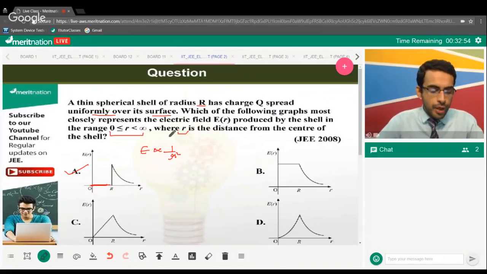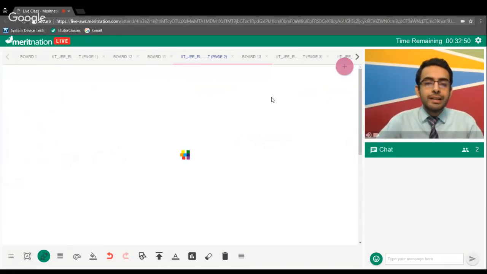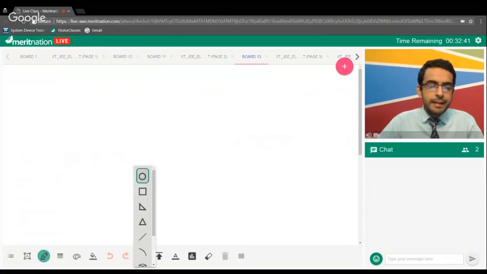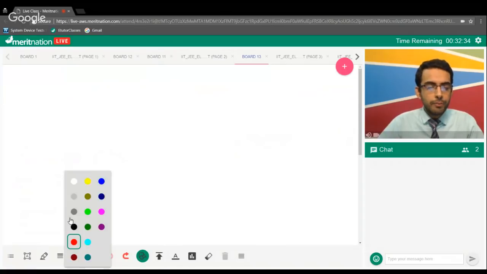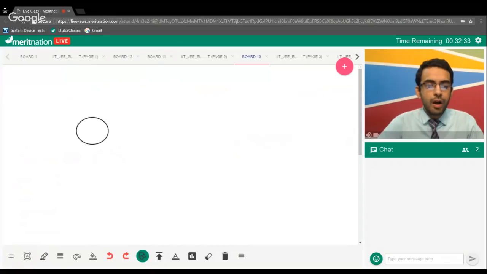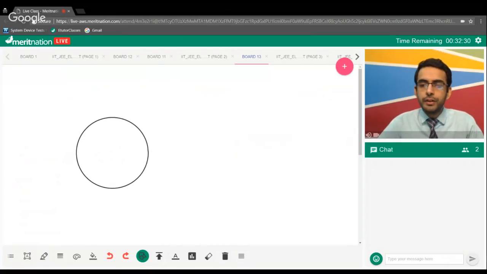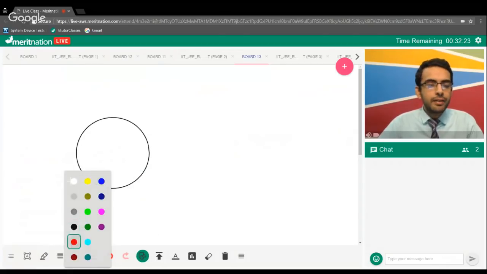Now, if you talk about a solid sphere, similarly, we can find the electric field for a point lying inside or for a point lying outside. How? Let us take this as a solid sphere. And first of all, consider a Gaussian surface outside it.